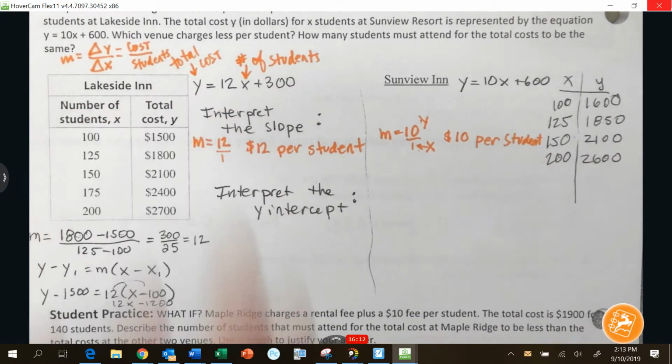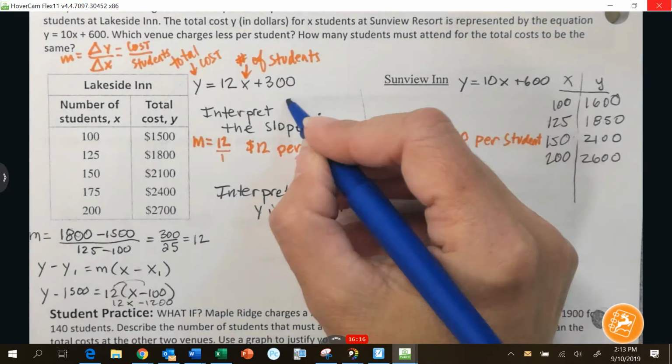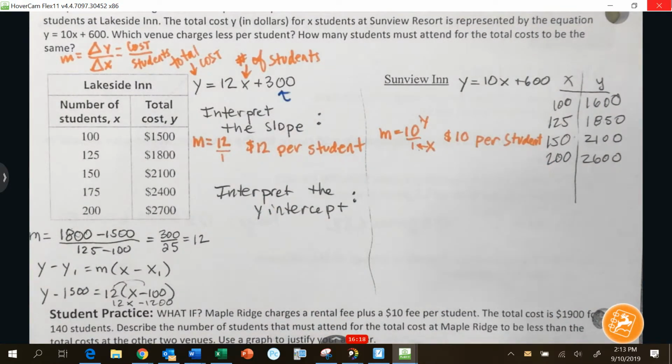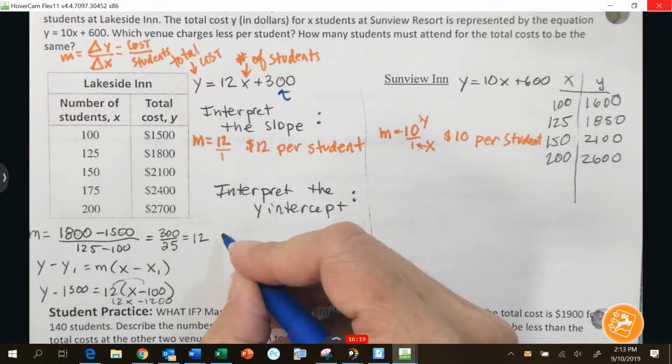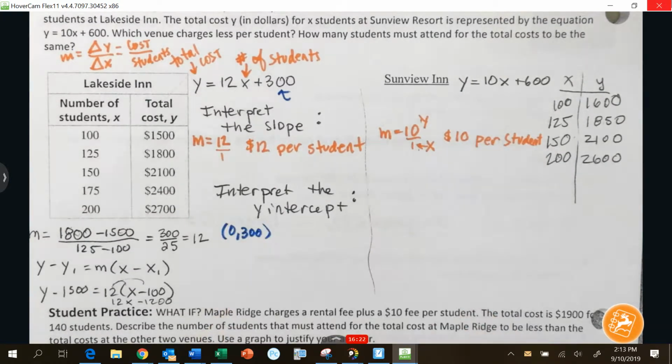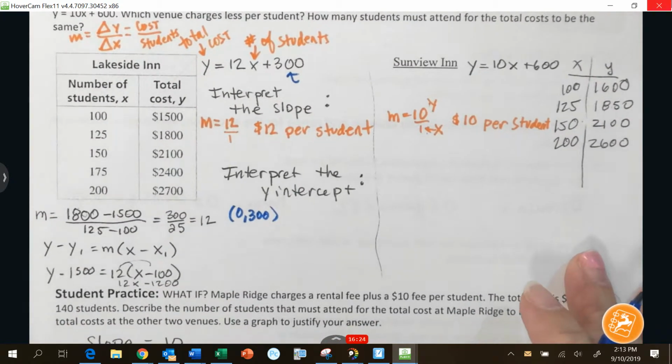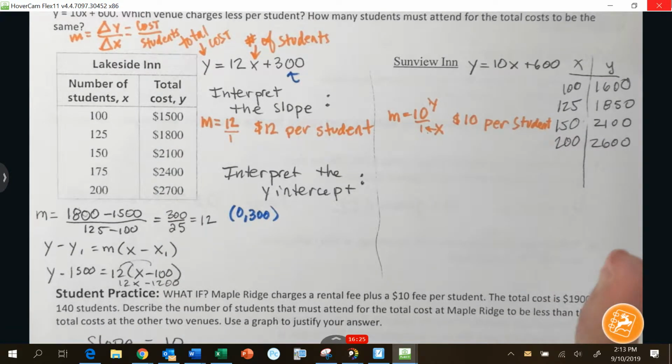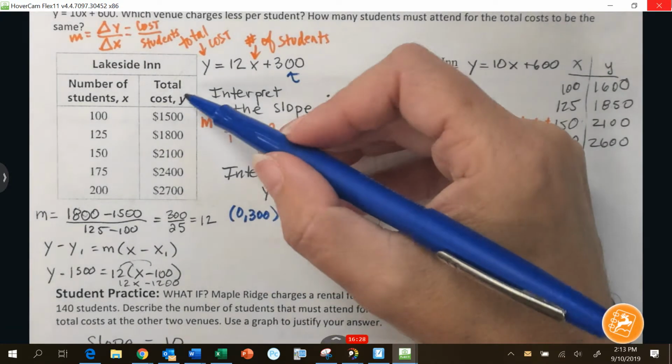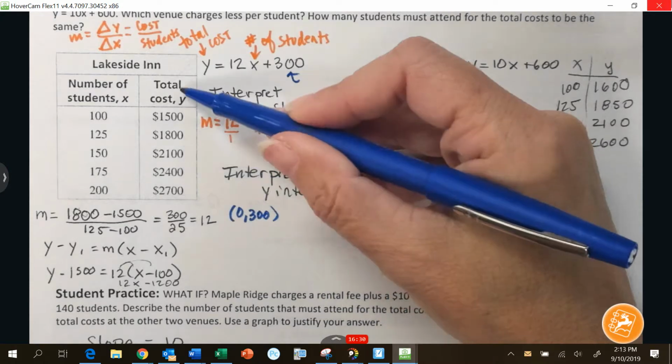Okay, we're going to interpret the y-intercept of this as well. We look at the y-intercept, it's this second part, 300. So (0, 300) would be the point on the graph. What does that mean? What's y have to do with? Money.